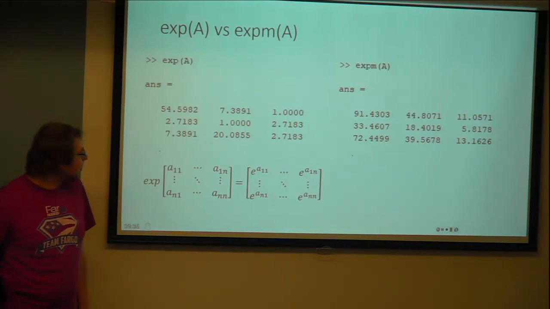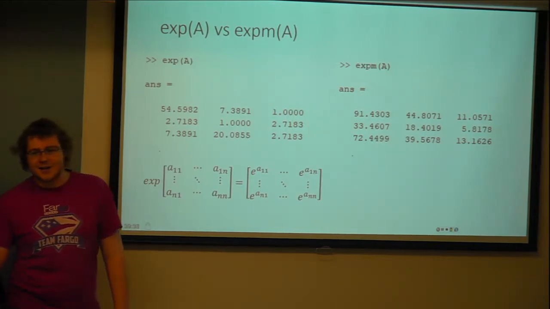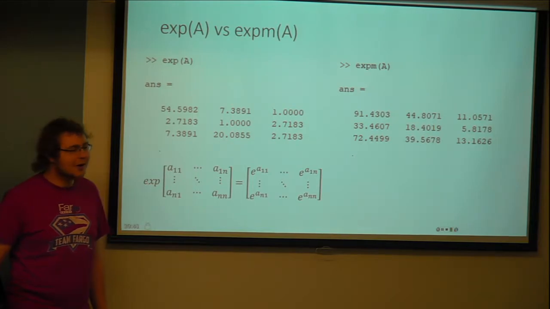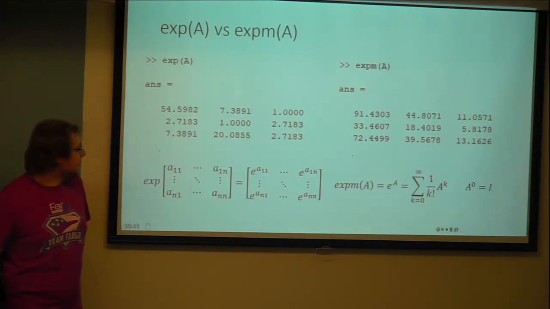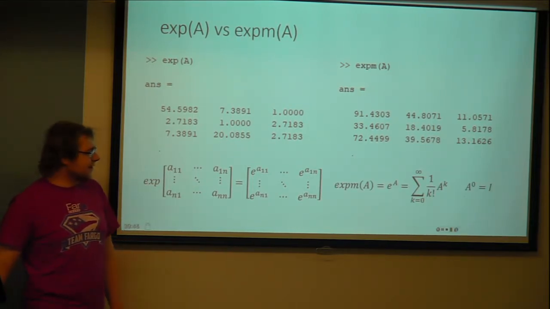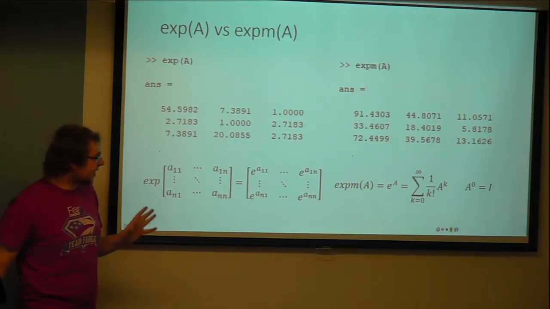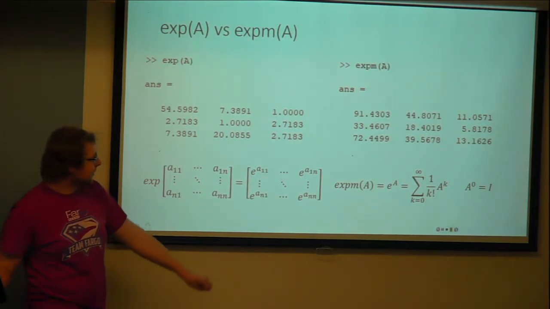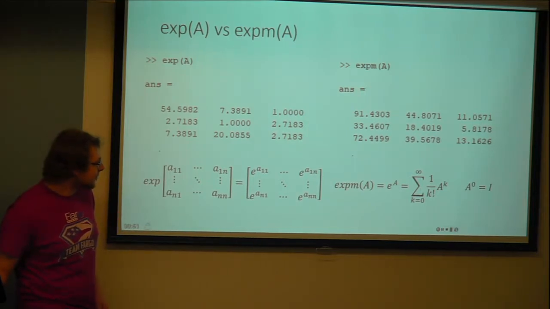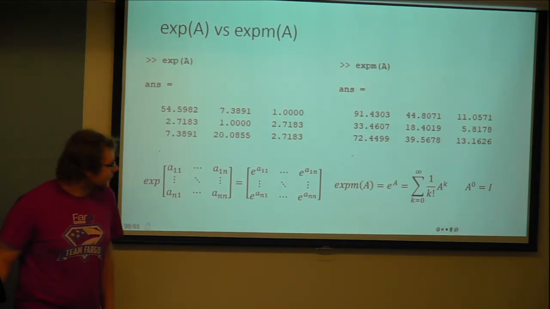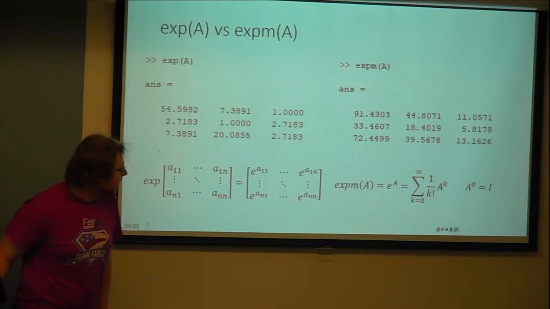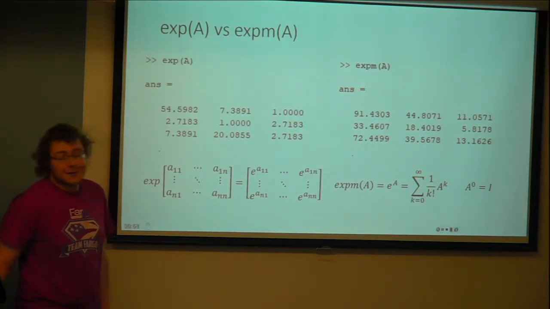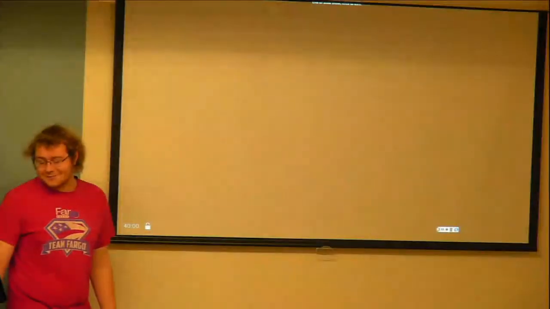It's pretty simple. Matrix exponential, you could probably do 2 entire lectures on, but it's actually taking the exponential of the matrix, and it's defined by that infinite sum. So yeah, that's it.